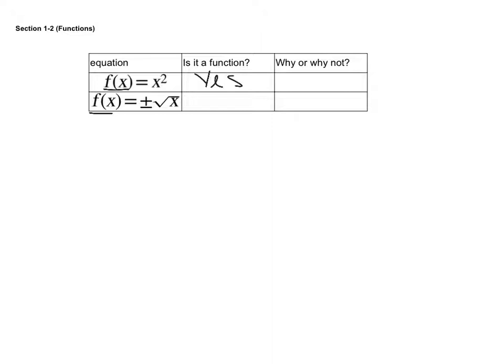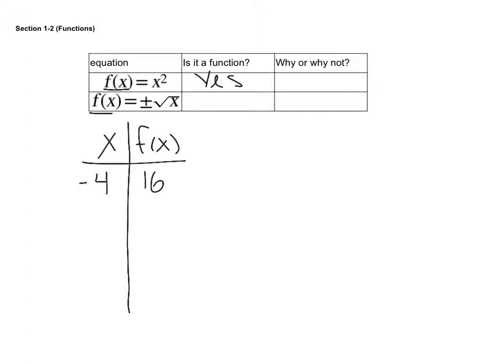Well, because for every value of x, I get a unique value for y. So when I put in -4 in for x, well, -4 squared is positive 16.